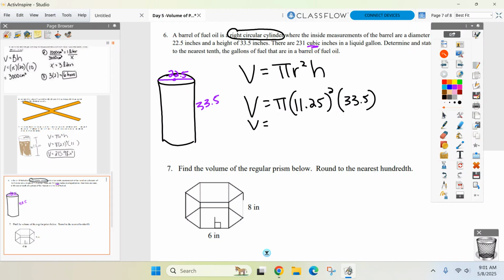Not our final answer though. And I just say that because I don't want you to round this volume. So I'm getting about 13,319 cubic inches.